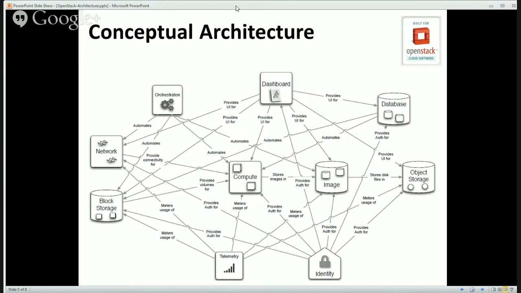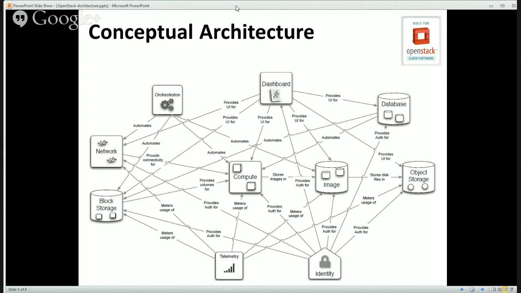So basically, the Glance project is storing the images that are consumed by the Nova project. Identity says provides authentication. So it's talking to the object storage, the Glance project, and the Nova project. So basically, the identity or Keystone is talking to every project.